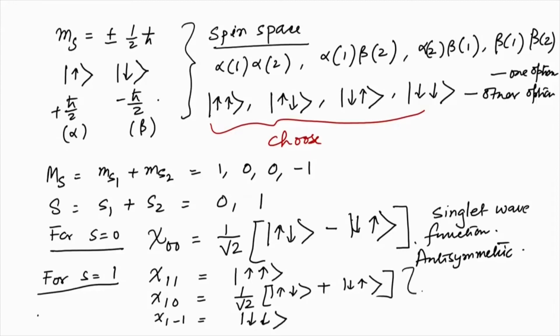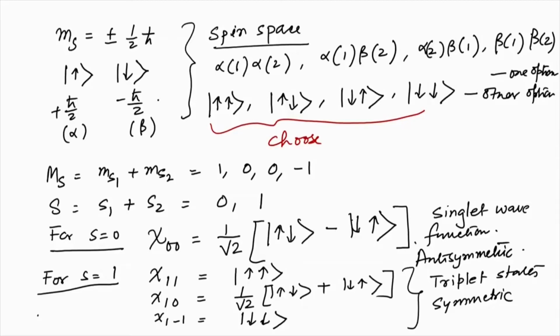Now, all these are called triplet states, because there are 3 in number, and one can easily check that they are symmetric, because if the first particle is swapped with the second particle, the wave function remains the same.